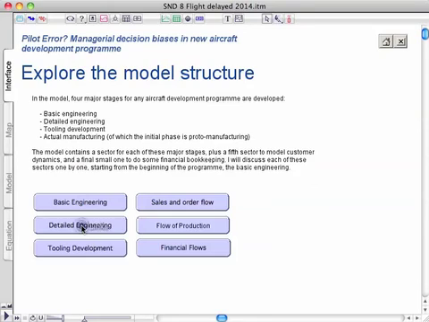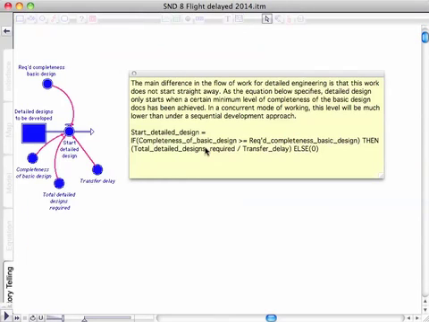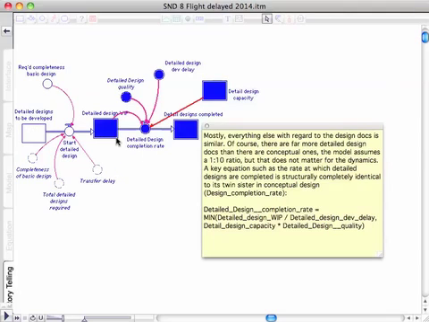Detailed engineering looks very much similar, but one main difference is that it doesn't start immediately. So here we've got all these detailed designs waiting to be developed, but depending on how far we want the basic design to be completed, this will start. So there's an if-then statement. If the completeness of the basic design is at least as high as we require it to be, then you can start transferring all this back into the pile of work that has to be done, the detailed design work.